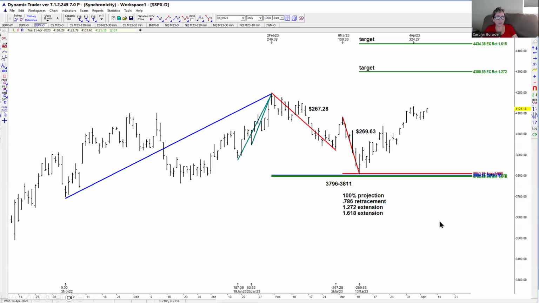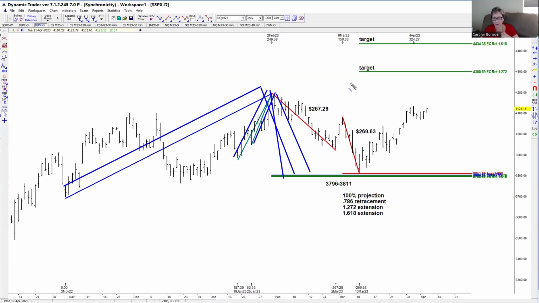All right, this is another example of a cluster that I had in the S&P cash. And again, there's a lot of swings that you have to work with, and I do the work for everybody because a lot of people don't want to do it for themselves. But I had a 786 retracement of one swing. I had an extension here, an extension here. I had another projection.